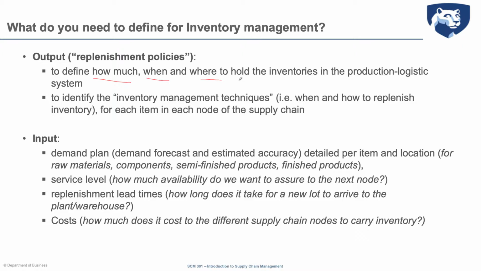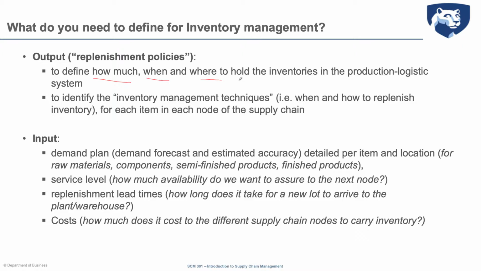So how many units, when these units are needed, and where they need to be stored at each level of the supply chain. That's the question inventory management has the objective to answer.